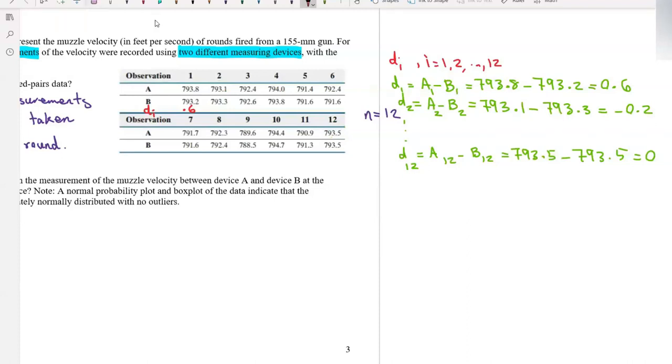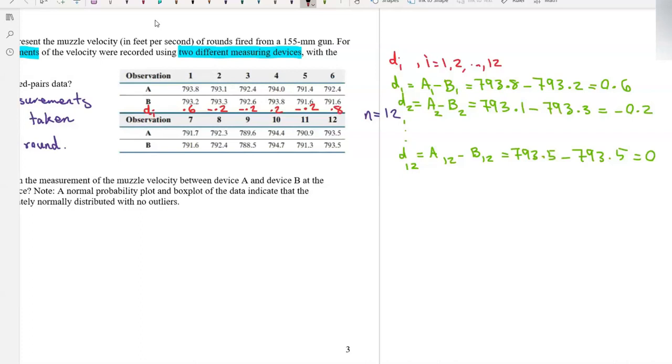Okay, so here the difference between these two is negative 0.2. Here again, negative 0.2. Here is 0.2, negative 0.2, and this one is 0.8.